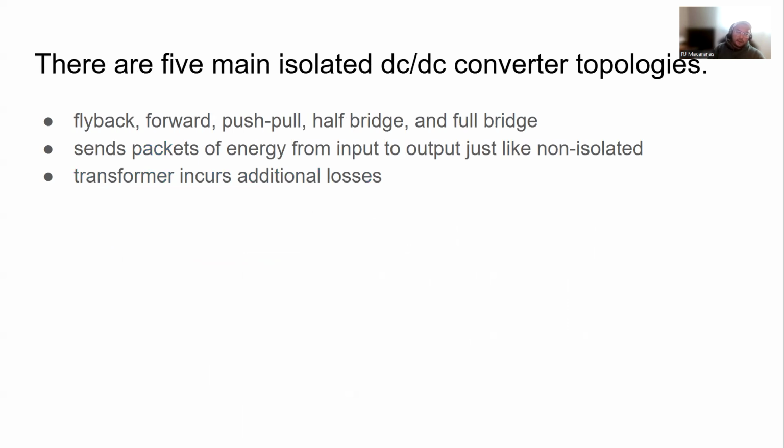So there are five main isolated DC to DC converter topologies, and they are the flyback, forward, push-pull, half bridge, and full bridge. And they operate very similar to the non-isolated topologies in that they're just sending packets of energy from the input to the output. But these isolated topologies tend to be a little bit less efficient than the non-isolated topologies just because we have a transformer.